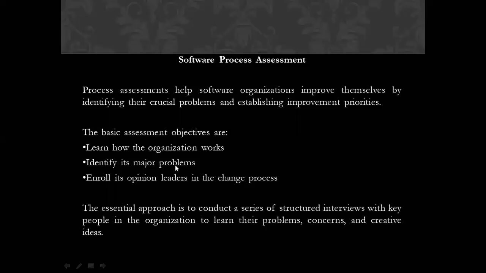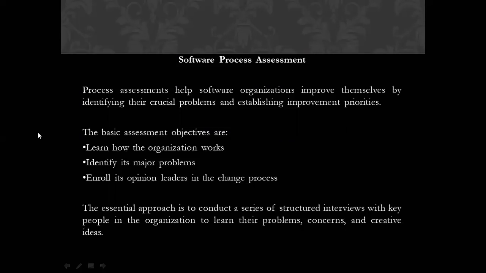Enroll its opinion leaders in the change process. Mostly they are managers and team leaders only, and they have to identify what their requirements are, and what they need more for the development of the project.